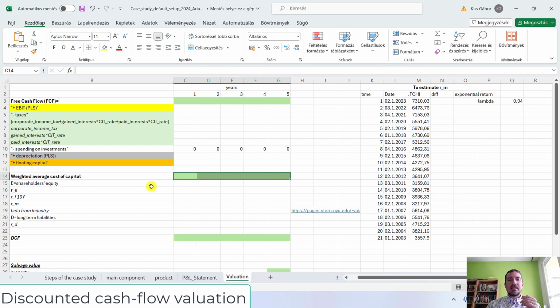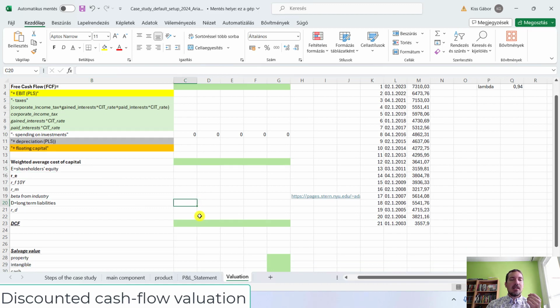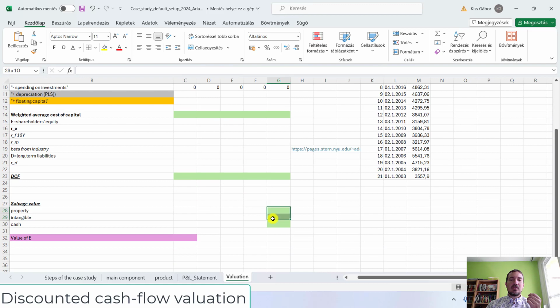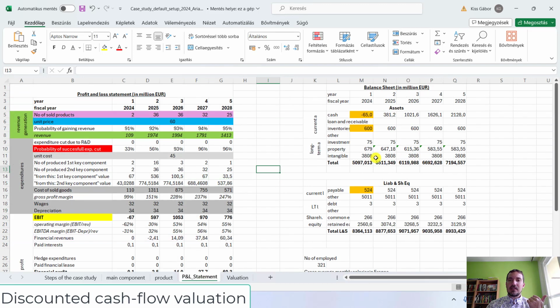In this case, we need a discount rate, so we will use the weighted average cost of capital, which comes from the funding sources of equity and long-term debt. After that, in the 5th year, we still have property from our balance sheet.